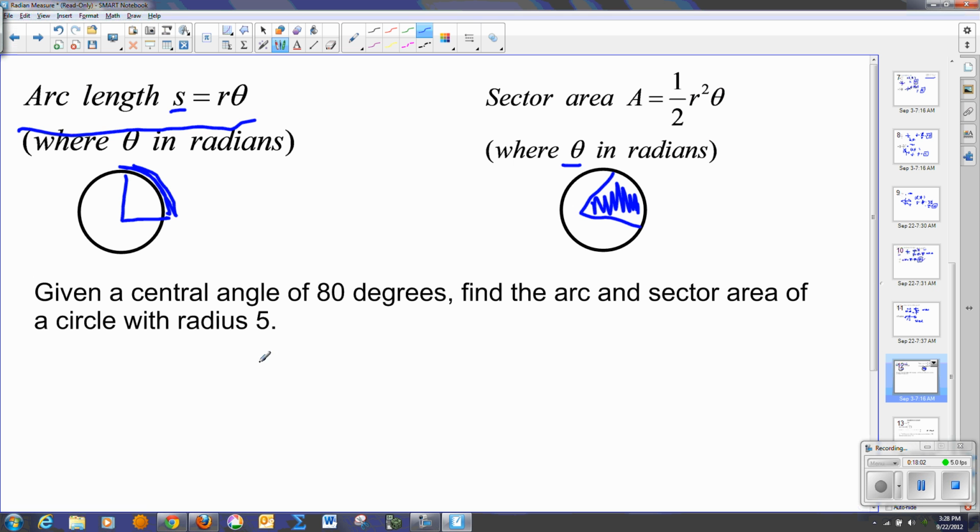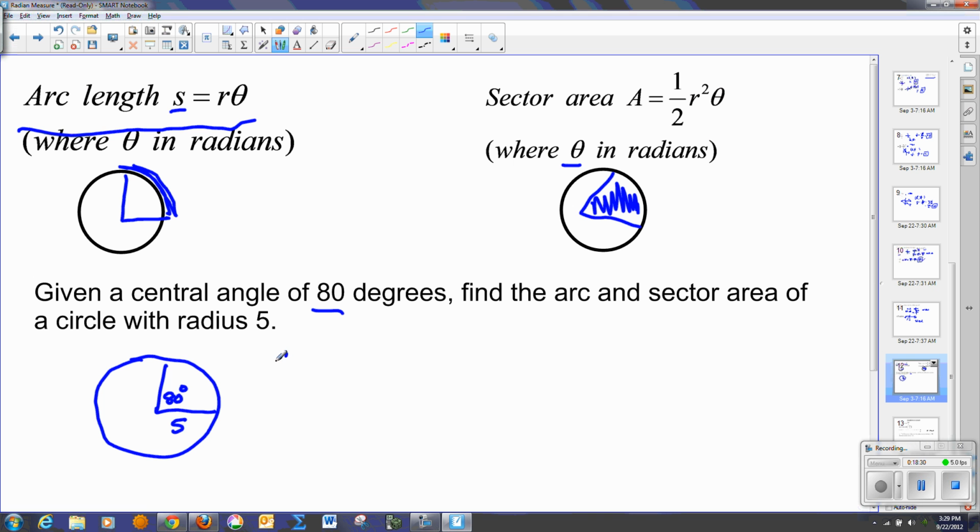So let's say we're given a central angle of 80 degrees. Here's a circle, and roughly 80 degrees is somewhere right around here. We want to find the arc length and the sector area of that. We know this is 80 degrees. Then it's basically plugging and chugging into the two formulas. First, we need to find the radian measure of 80 degrees.